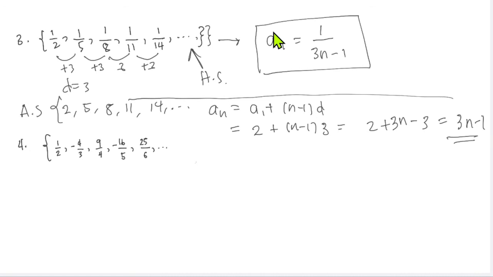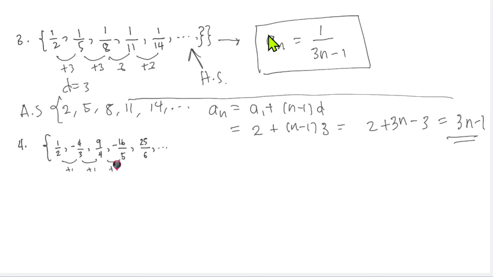For the denominator, it's easy to see that it's an arithmetic sequence, right? Because for the denominator, the common difference is 1: plus 1, plus 1. You just subtract the preceding term from the next term. So 3 minus 2 is 1, 4 minus 3, 5 minus 4, plus 1.